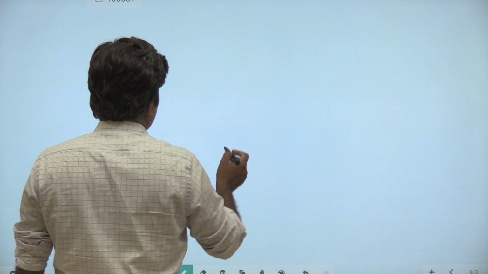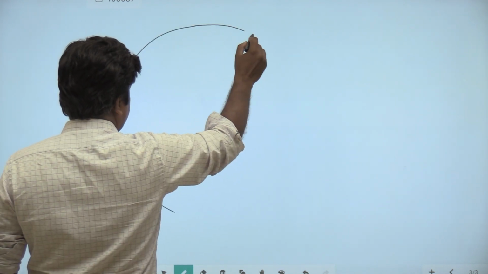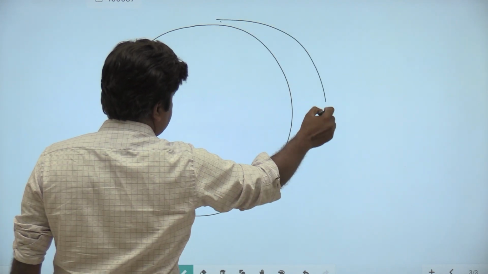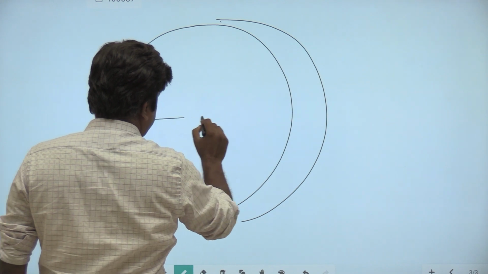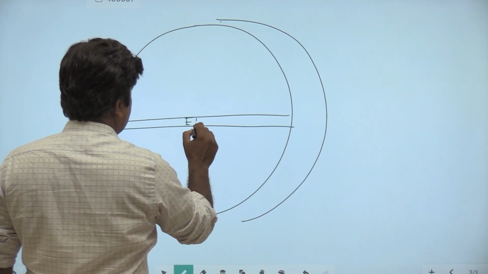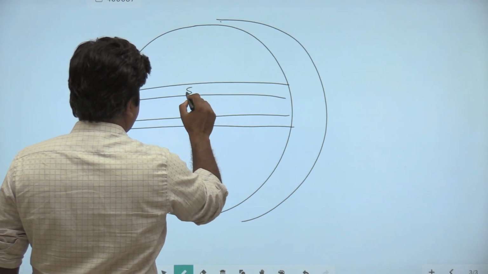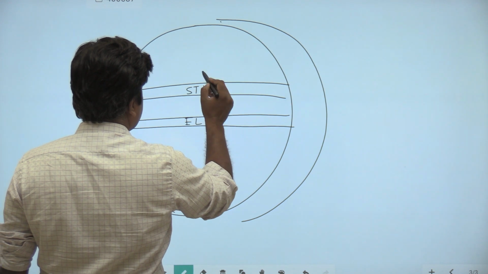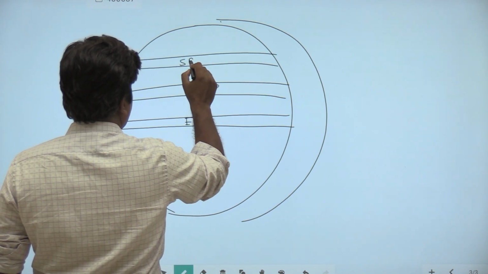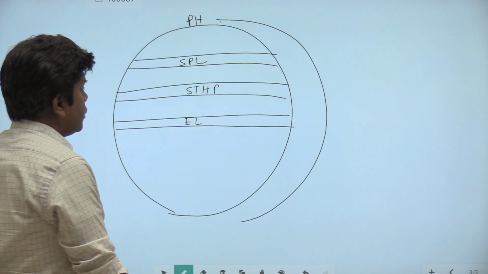If you see where exactly the warm core anticyclones are likely to be found, you will find that this is the tropopause, this is the equatorial low pressure belt, then you have a subtropical high pressure belt, then a subpolar low pressure belt, and a polar high pressure.